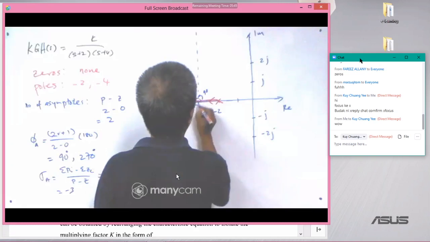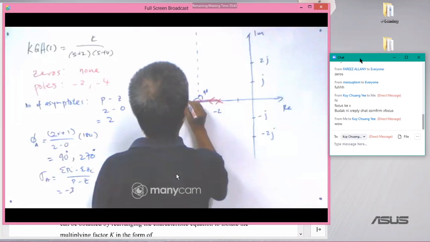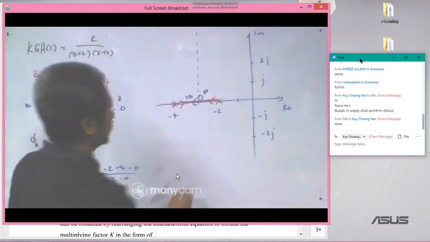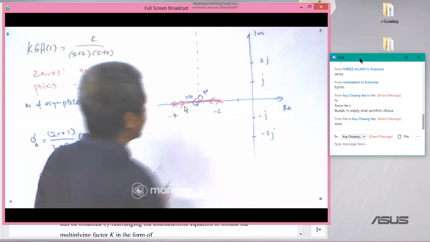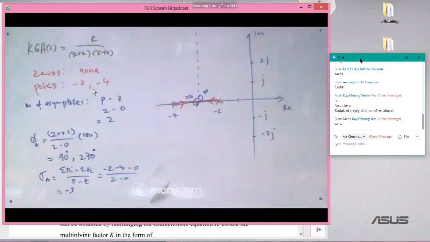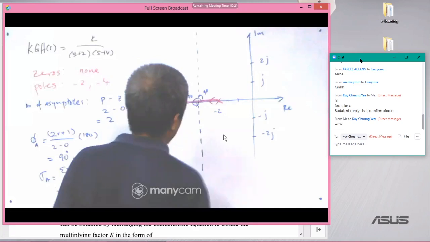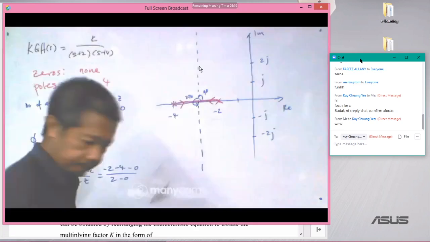So it's not negative, it is positive 270. The second asymptote line is going to go through the same -3 at an angle of 270, so it's going down. So there you have your two asymptote lines.